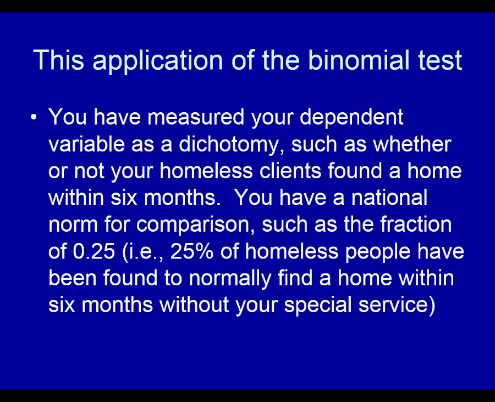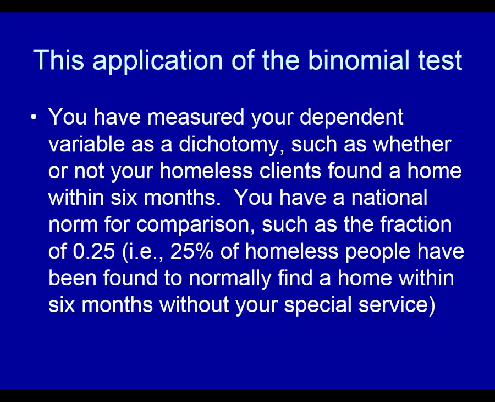In this application, you've measured your dependent variable as a dichotomy, such as whether or not your homeless clients found a home within 6 months of service. You have a national norm for comparison, such as, just to make up something, a fraction of 0.25. Let's say that 25% of homeless people normally find a home within 6 months without any special service like what you were giving.